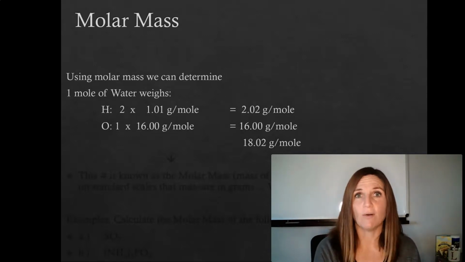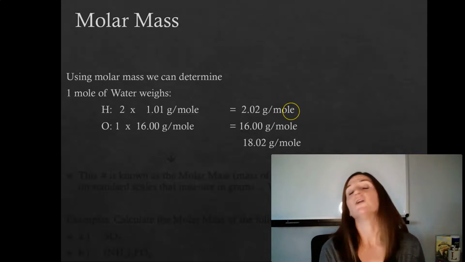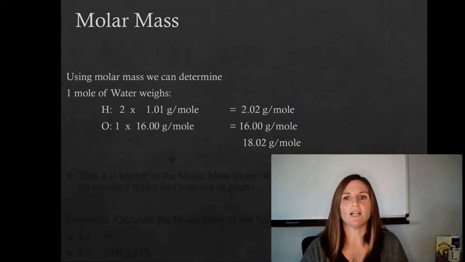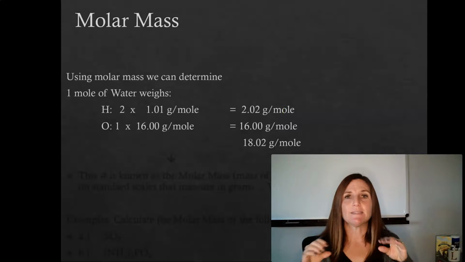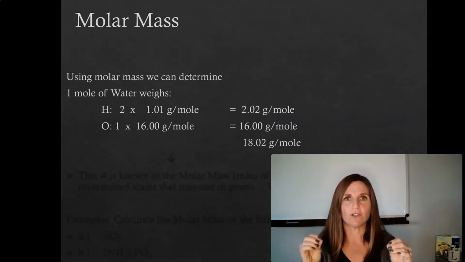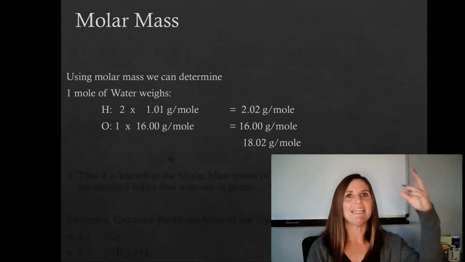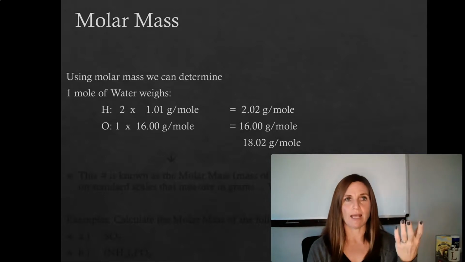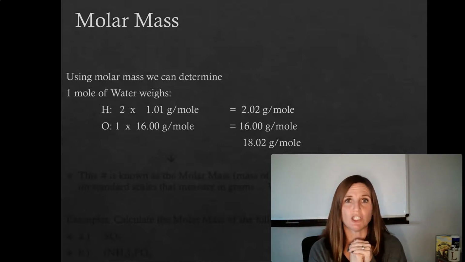A moment ago, we got the formula mass to be 18.02 AMU. So in essence, what Avogadro has done for us is made a 1-to-1 conversion factor so that any value of formula mass is exactly equal to the value of molar mass. All we need to do is change the units.